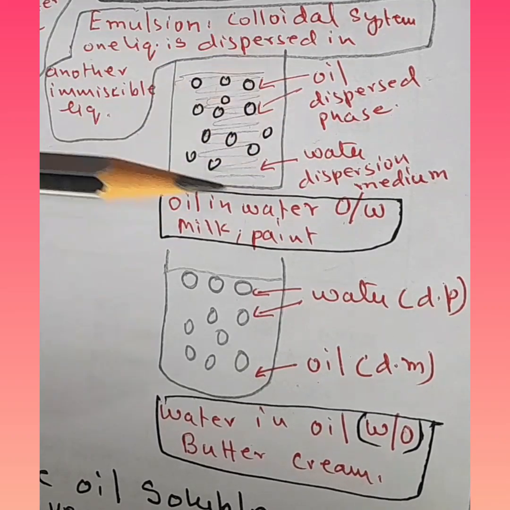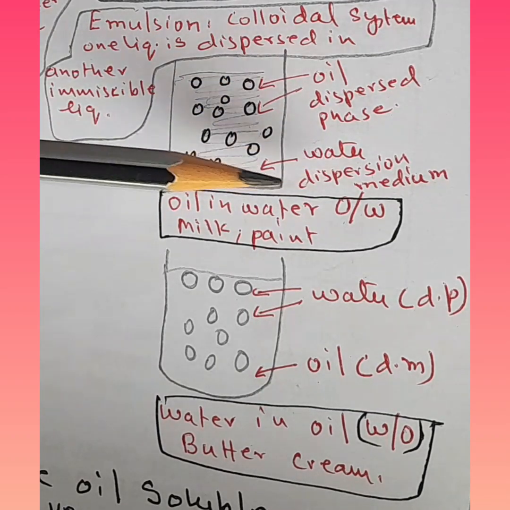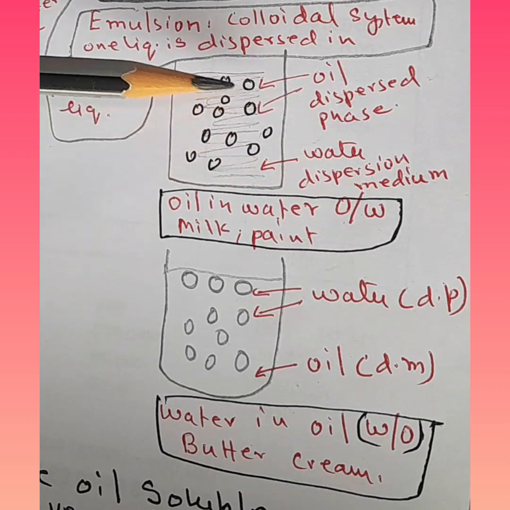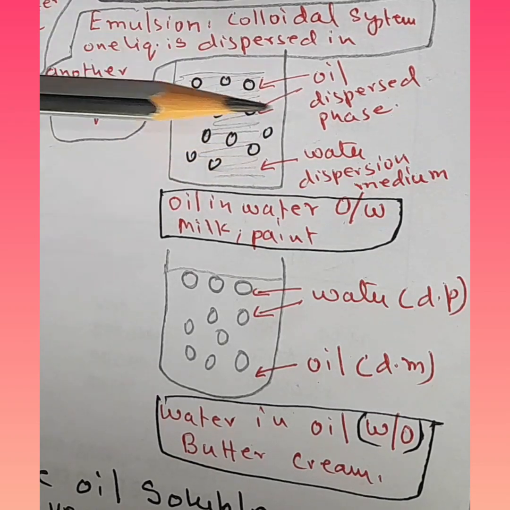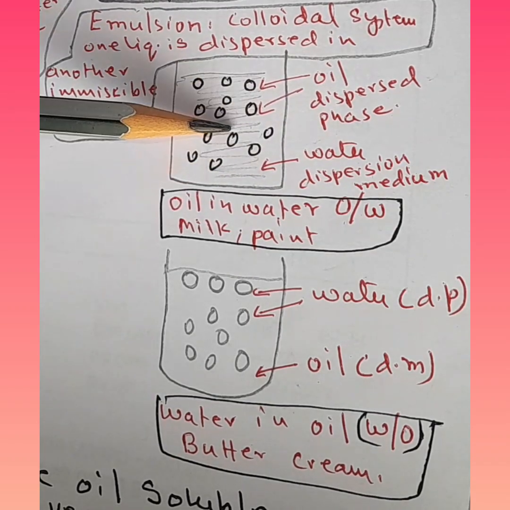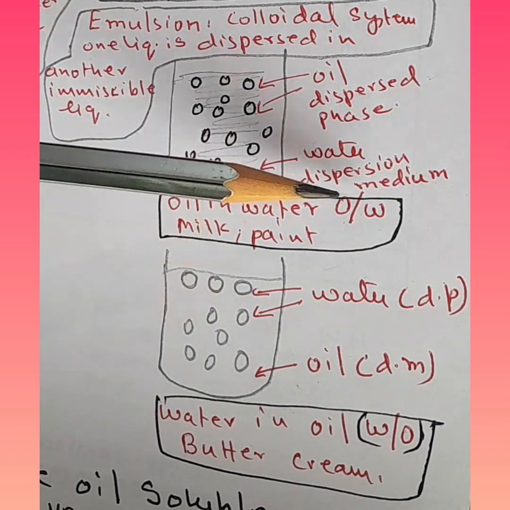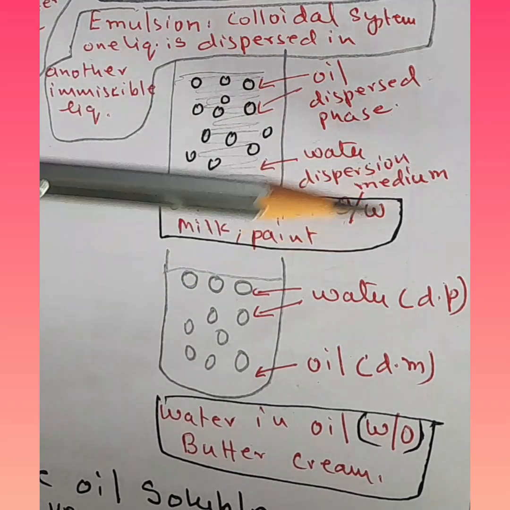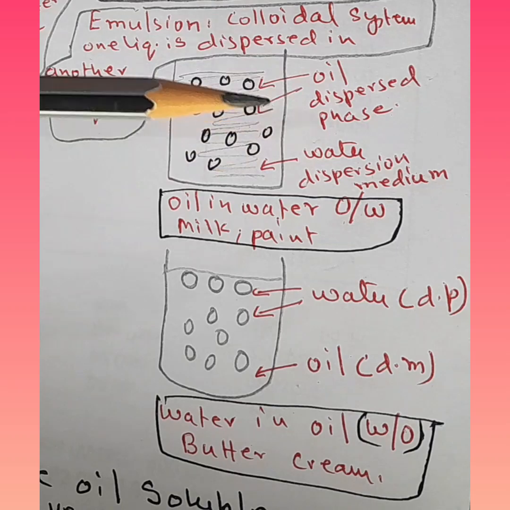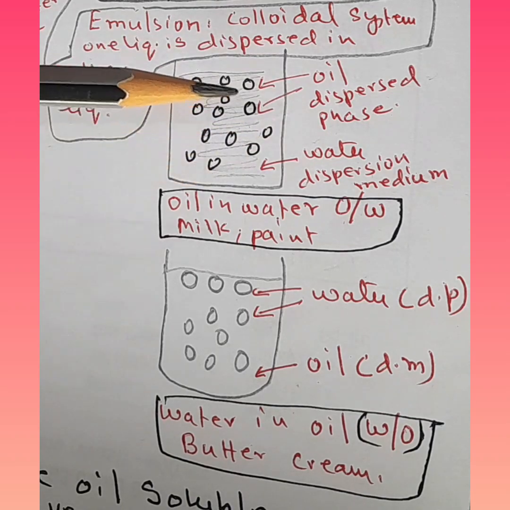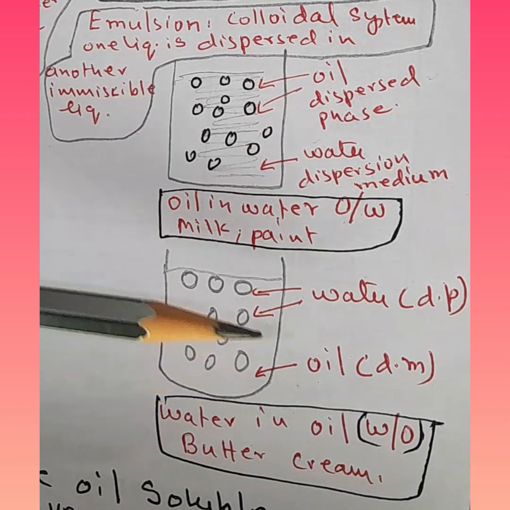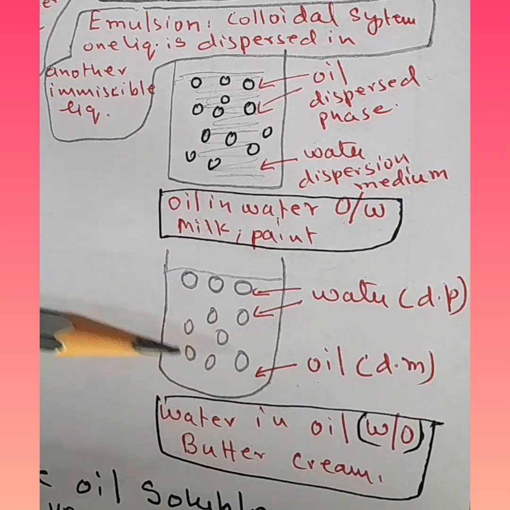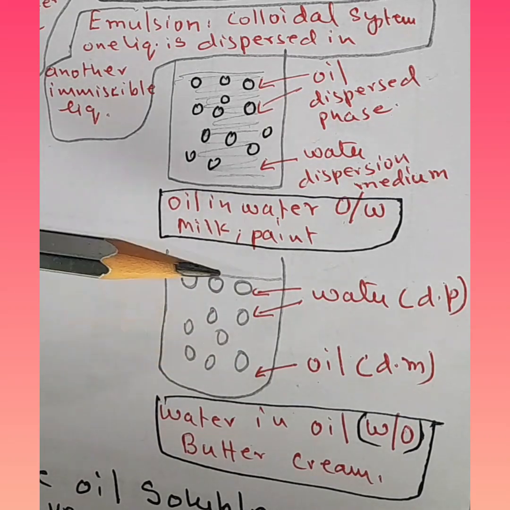So water, which is the main matrix, is the dispersion medium, and this oil which is there is the dispersed phase. Alright, so that is oil in water, where water is main and into it is oil.